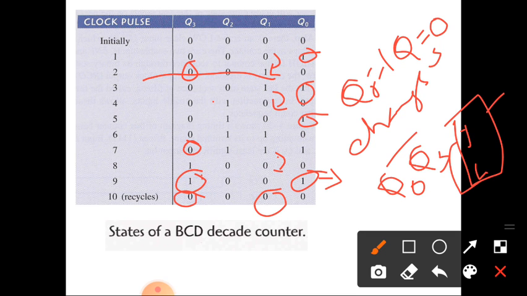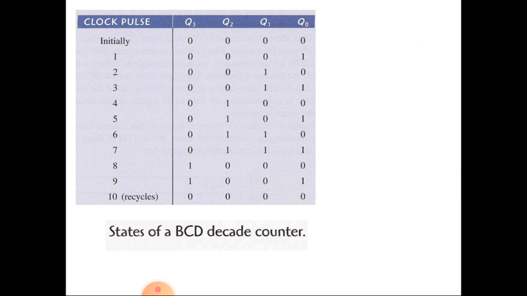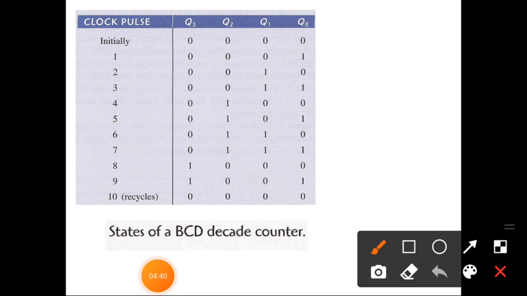The next case: Q2 changes when Q1 and Q0 both are 1. Then on the next clock pulse Q2 changes from one state to another.